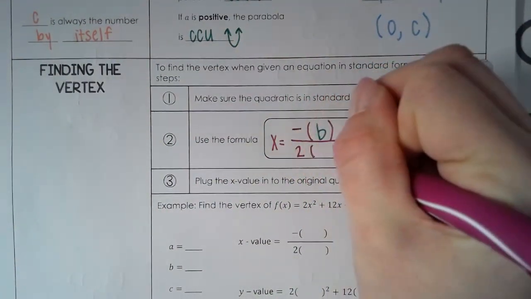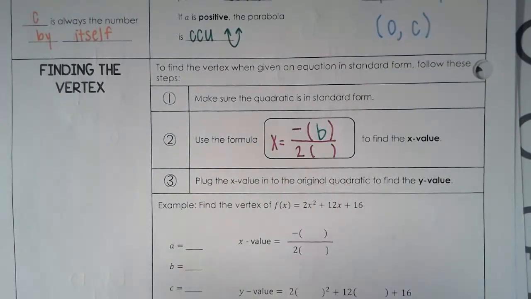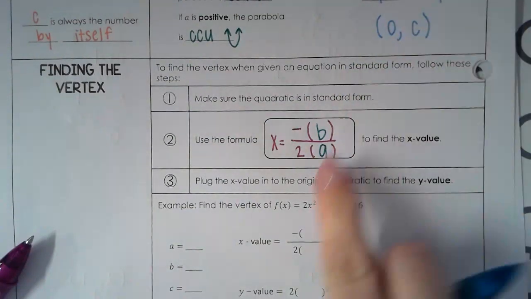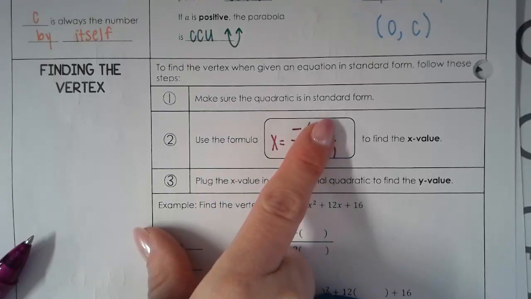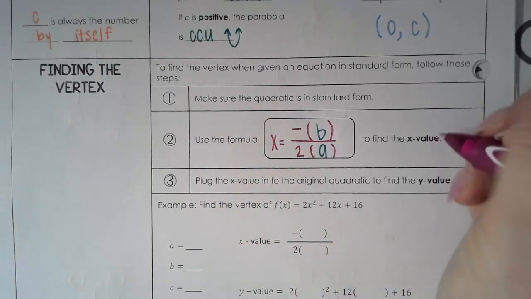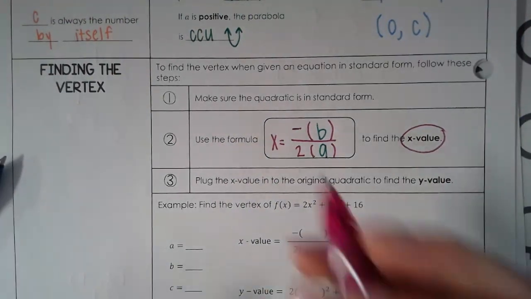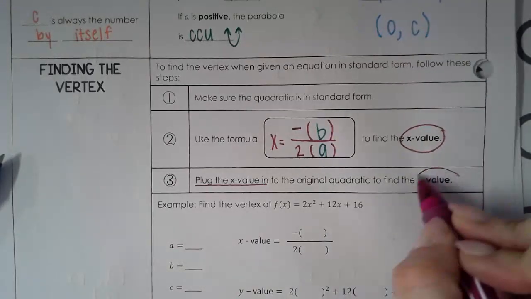There's always going to be a 2 on the outside. Always. There's always going to be this negative in the front, on the top. And then on the bottom, you put your a in parentheses. So it's negative b over 2a. That gives you just the x value of your vertex. You have to plug that x value in to find the y value.